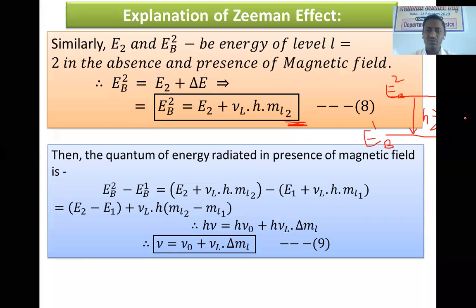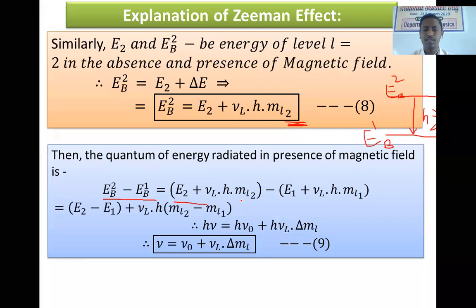So now calculate the quantum of energy radiated when the electron makes a transition between EB2 and EB1 in presence of the magnetic field. It is obviously equal to the energy of the upper level minus the energy of the lower level, that is EB2 minus EB1.